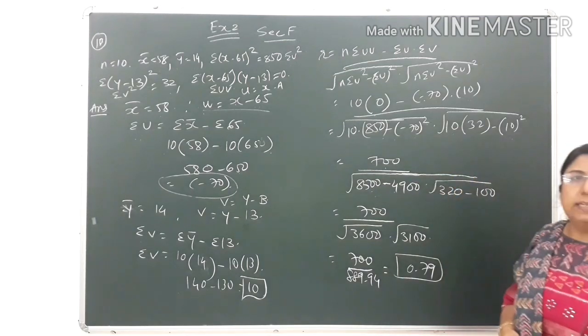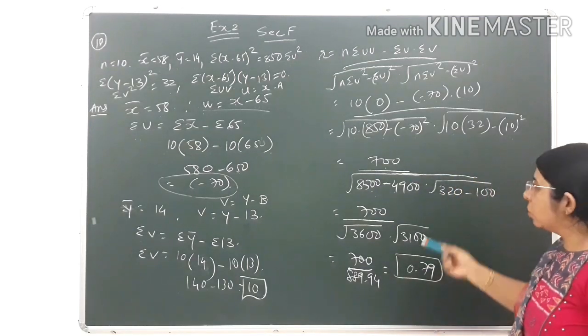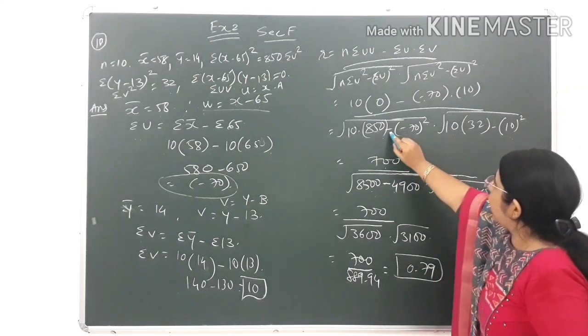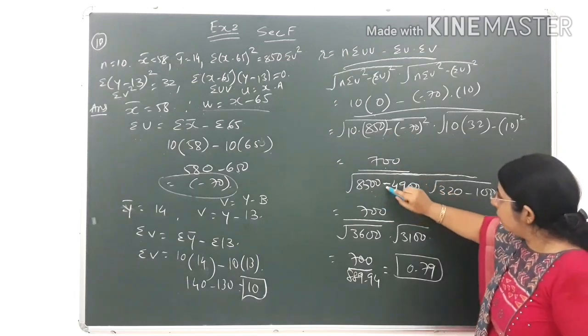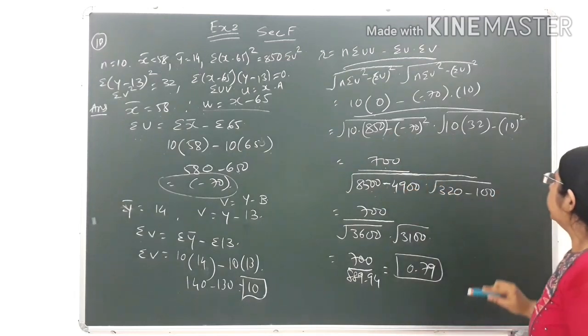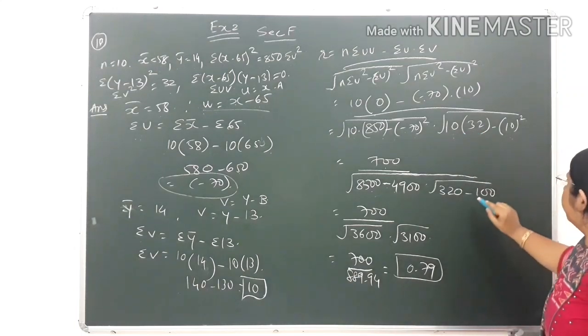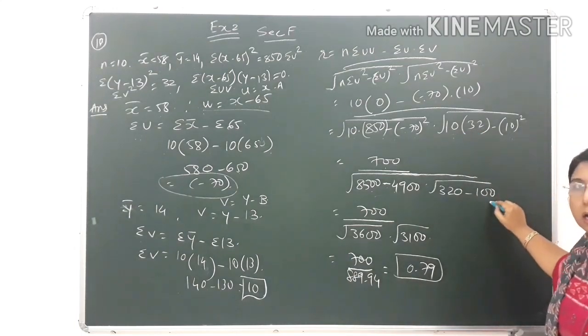That you can do orally, 7 sevens are 49 and 2 zeros, so 4900. This becomes positive, but outside there is a negative sign, so that remains negative. Now into under root of 32 into 10, 320 minus 10 square, which is 100.